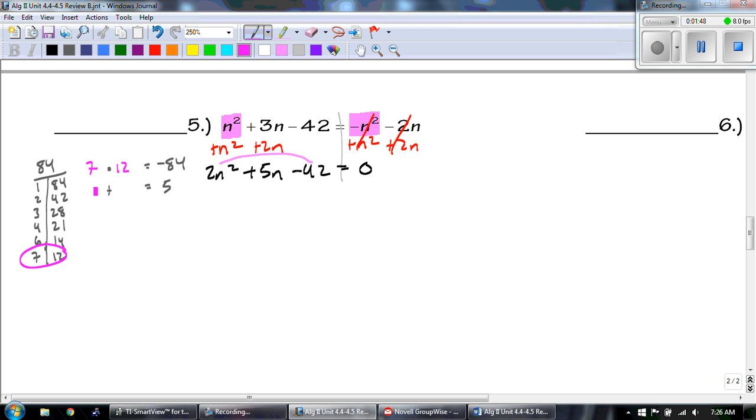But if we're going to do this, one of those has to be negative, and it's going to be the 7. So, we're going to split that middle term to 2n squared minus 7n plus 12n minus 42. And then we're going to pause the video, and you guys are going to factor that on your own. Good luck.